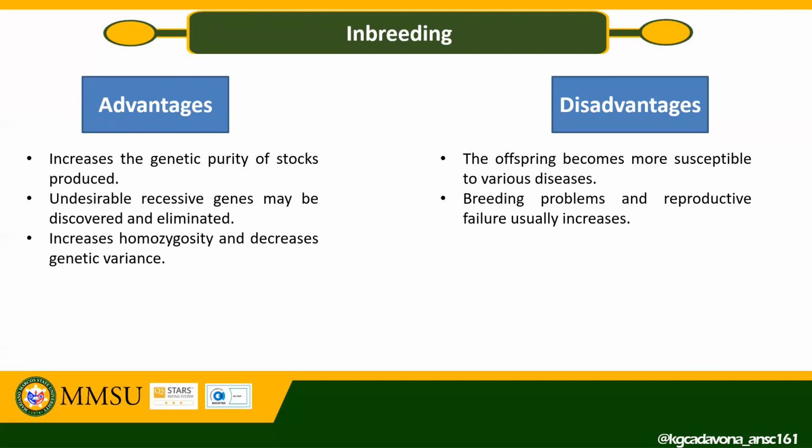But take note that inbreeding does not create the undesirable recessive genes, it merely permits them to be expressed due to increased homozygosity. The homozygosity reduces the vigor since most recessive alleles in the population are harmful.